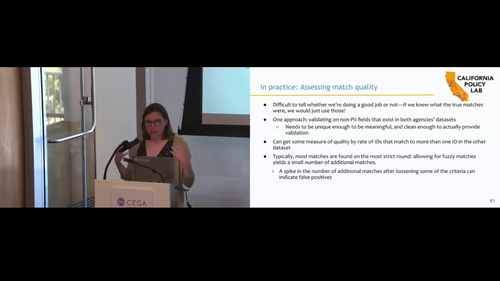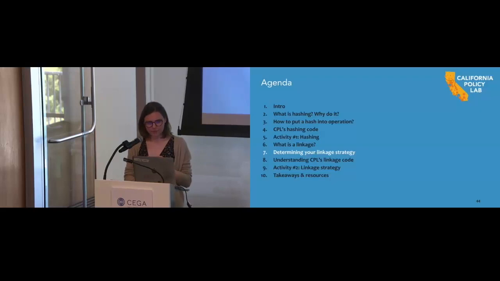And that's a pretty good indication that we're on the right track. If we all of a sudden see that marginal match rate spike when we're loosening some of our criteria, that could again indicate some false positives.